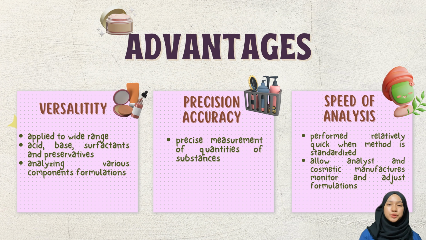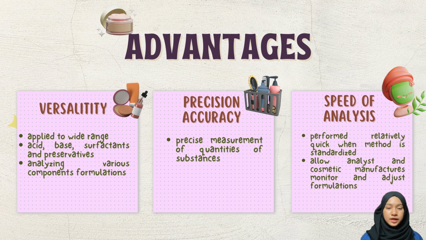Next, we will go through the advantages and disadvantages. For volumetric analysis, the advantages are versatility, precision, accuracy, and speed of analysis. Volumetric analysis is versatile because it can be applied to a wide range, for example acids, bases, surfactants, and preservatives. Moreover, this helps the analyst to analyze various components of a formulation.